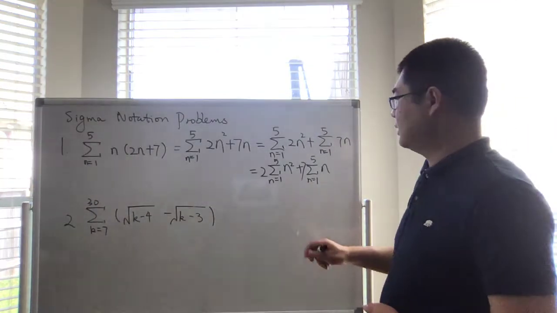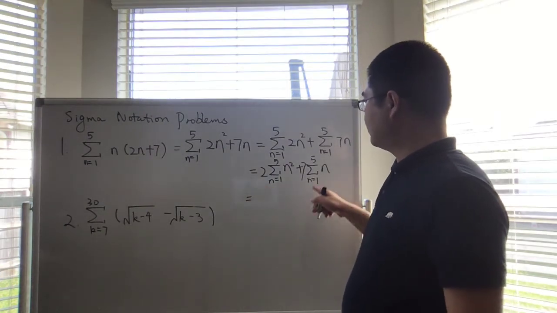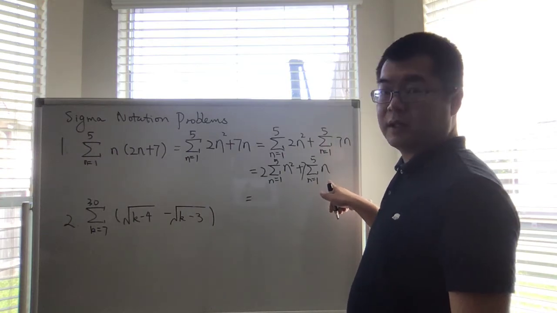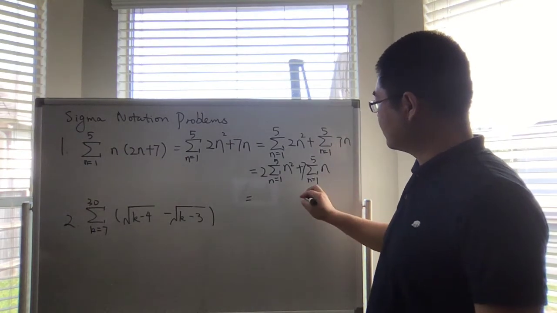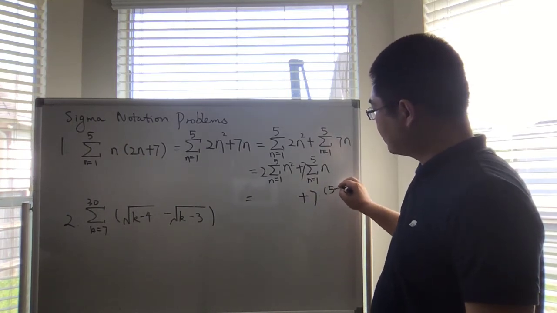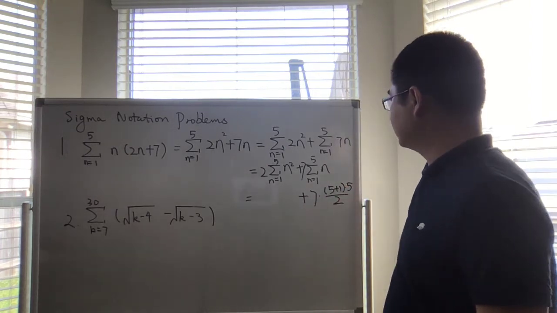And eventually you can apply the sum of the first n integers to this problem. That's going to give you 7 times 5 plus 1 times 5 over 2.